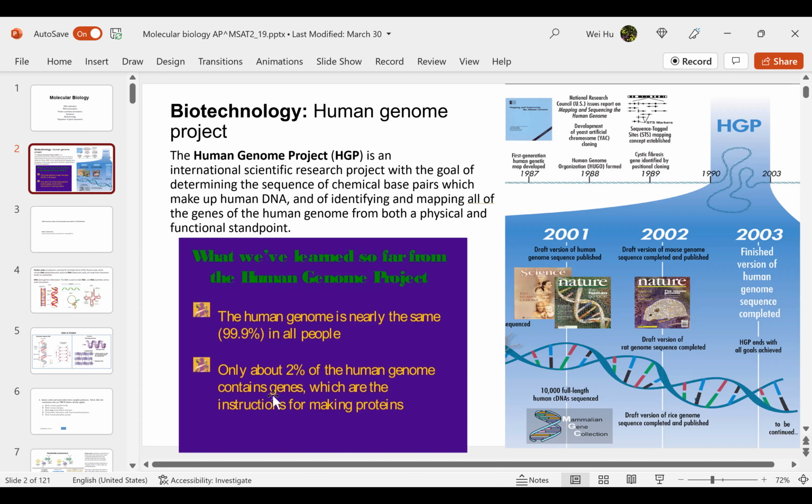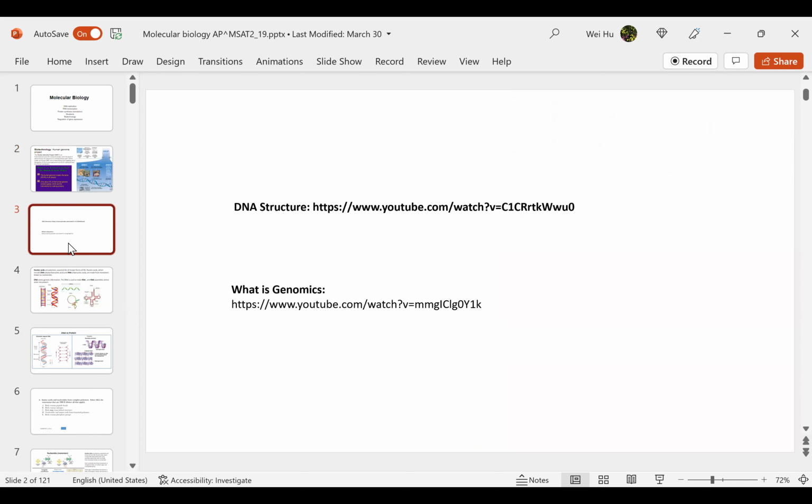It's not true, okay? Although those 97 or 98% of DNA is not coding sequence for protein, they play a very important role in regulating transcription.